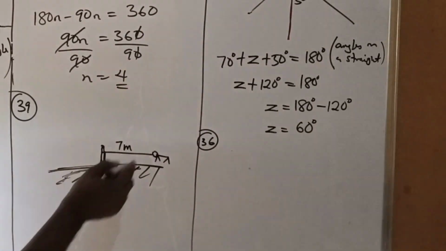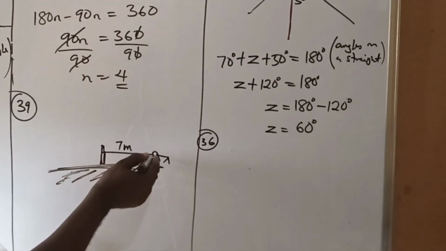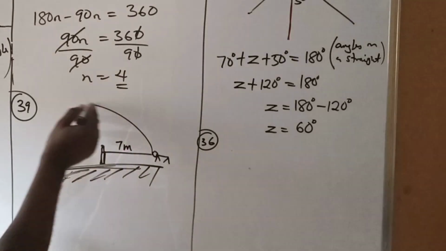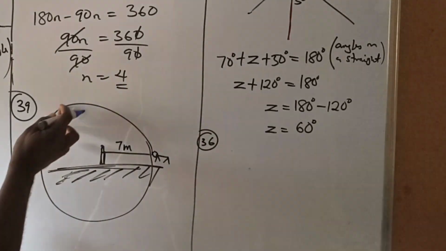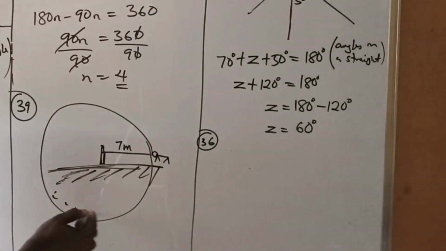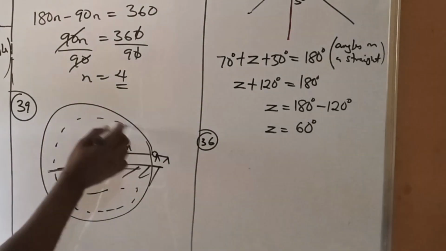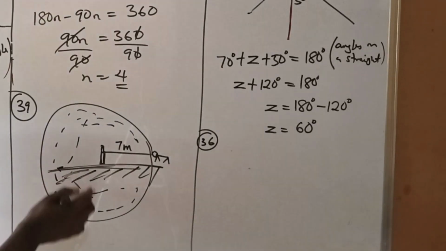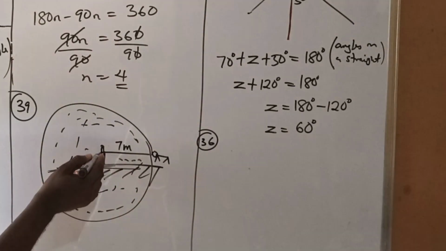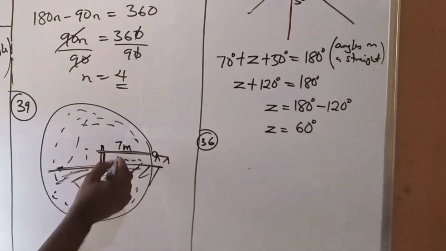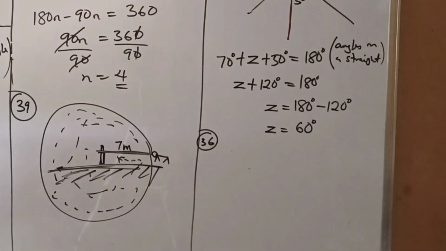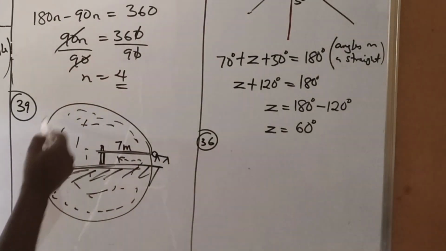So the goat can only move around like this, and all the grass is here at this place. Which means the length of the rope is referring to the radius, because it can only cover this circle.